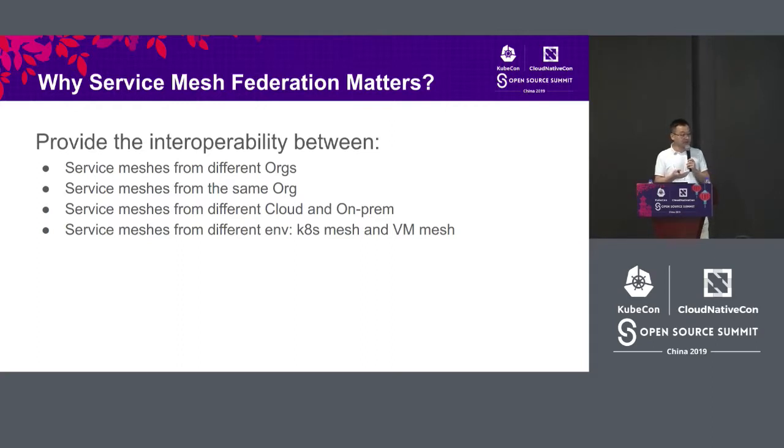The meshes may come from different organizations, from different departments in the same organization, or you may have one mesh on-prem and another mesh on public cloud. Or you have one mesh purely for Kubernetes workloads and another mesh for VM workloads. Service Mesh Federation allows you to make these workloads talk to each other.